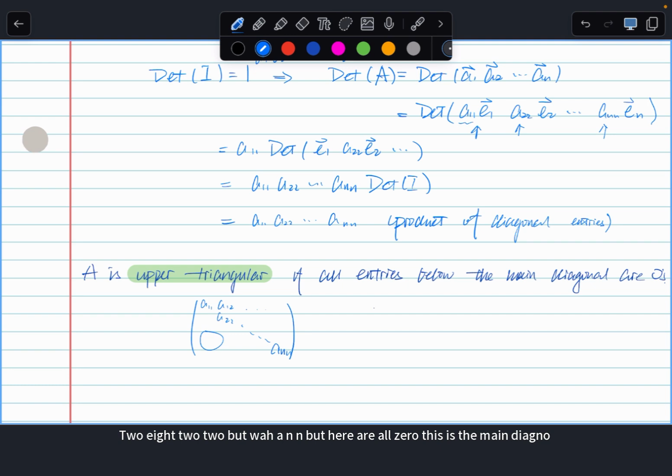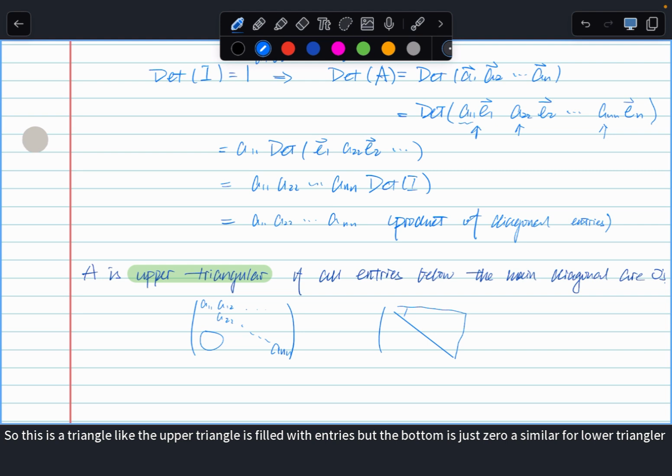Wait, so the main diagonal, I thought you said the main diagonal is also 0. Below the main diagonal, okay, so it does not include it. So this is a triangle, like the upper triangle is filled with entries, but the bottom is just 0.